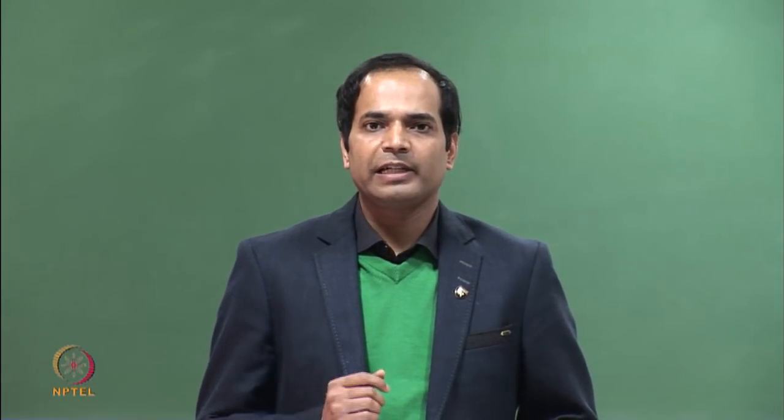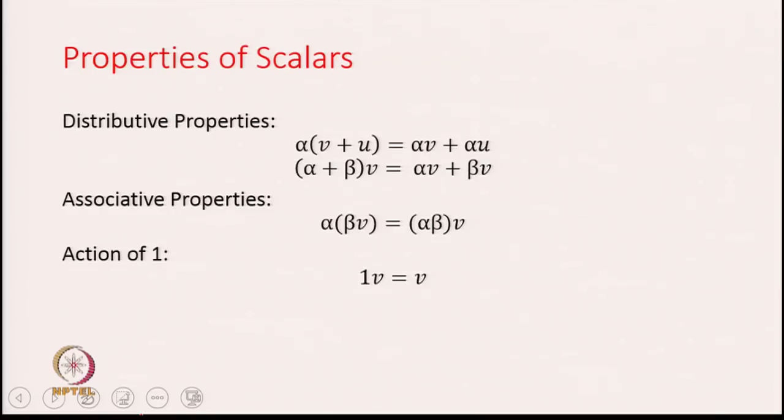Now, in the case of the vector space, we have already seen that scalar multiplication must also be satisfied, and it should be satisfied by following these properties. So, distributive properties in the scalar multiplication must be satisfied and associative properties must also be satisfied. I will not be reading out these properties because I feel that these are very simple properties.